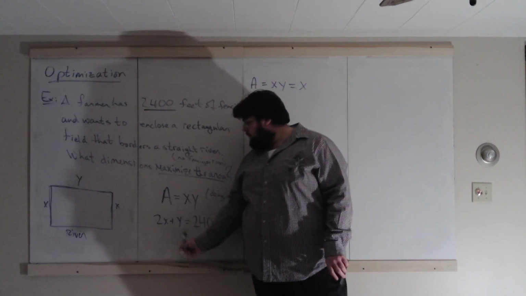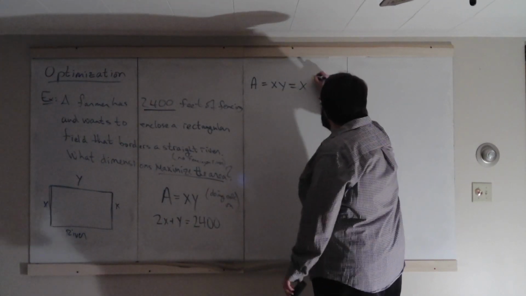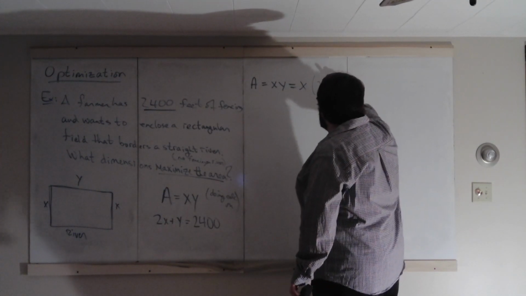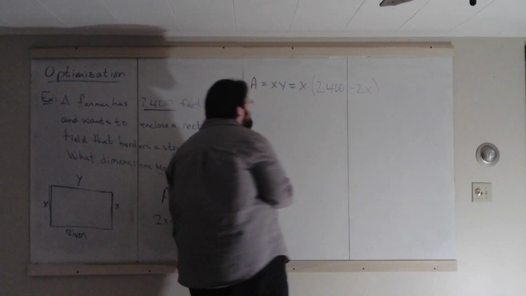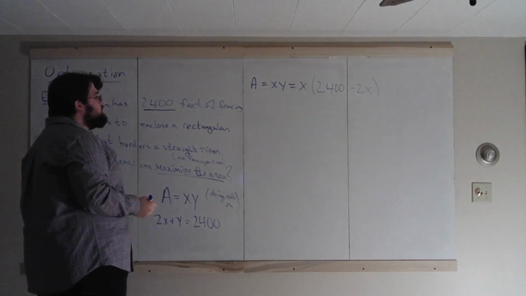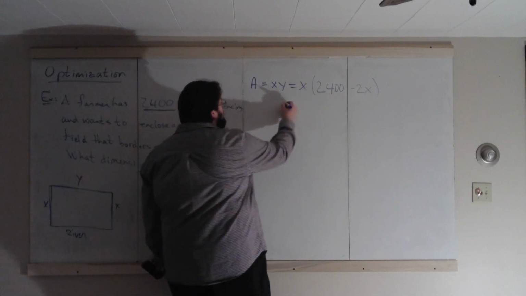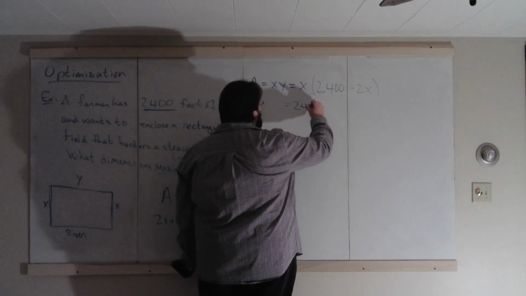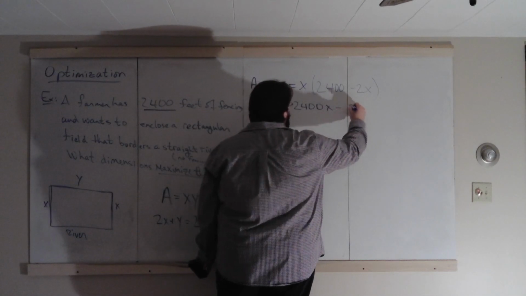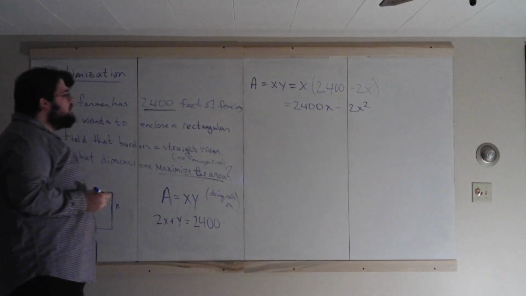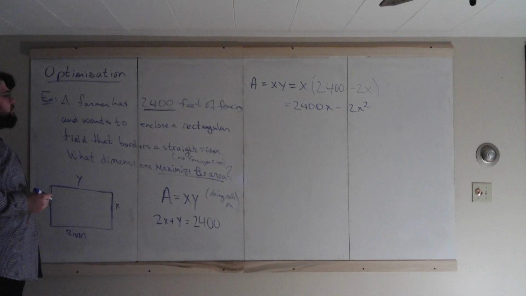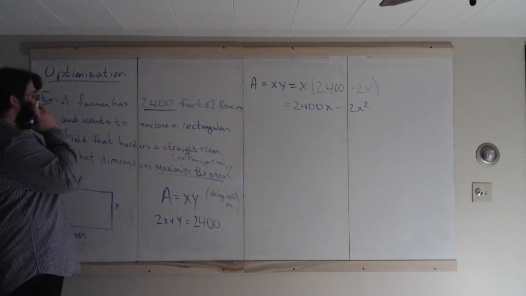Solve this for y, you get y equals 2,400 minus 2x. Well, that's nice. That's a function of one variable. Let's distribute that x. Well, that's great. Area is now 2,400x minus 2x squared, a function of one variable.